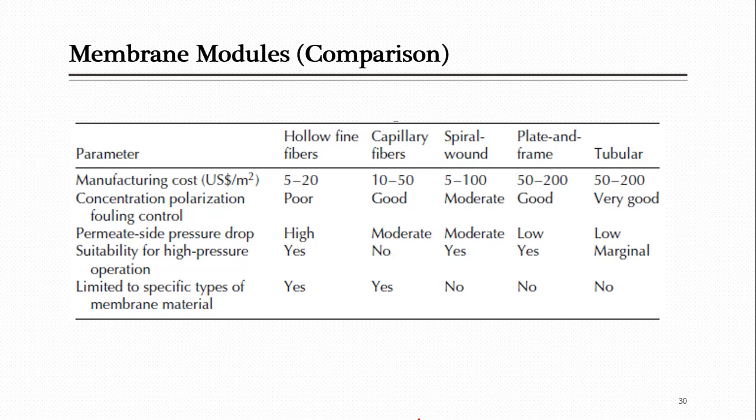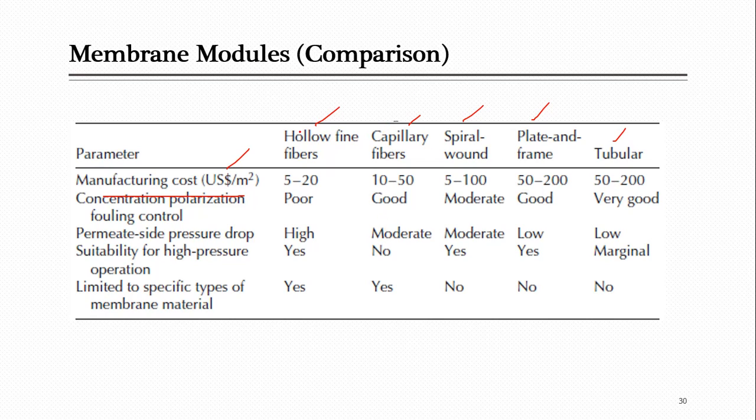Just to give you an idea, the first point here is manufacturing cost. You can see that US dollar per meter square are provided for hollow fiber, capillary fiber, spiral wound, plate and frame, and then tubular at the end. We didn't discuss the capillary fiber.